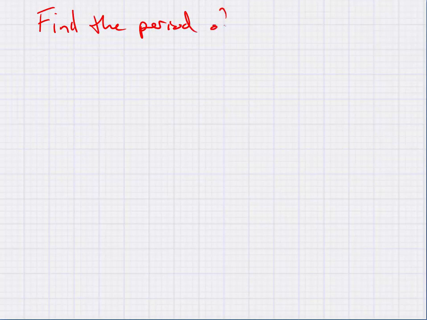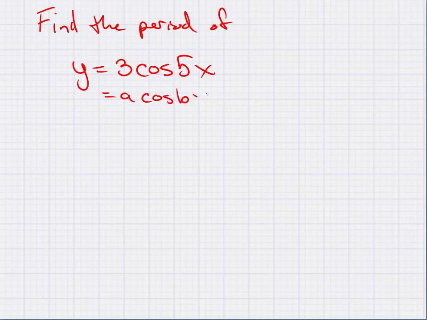Alright, what if I gave you a question that said, find the period of, say, y equals 3 cosine 5x. Okay, well, this is a cosine bx, b being 5.